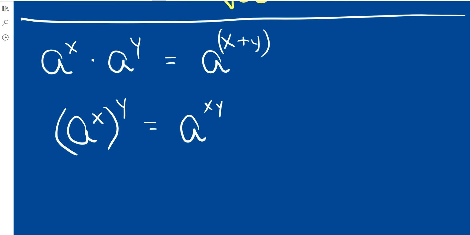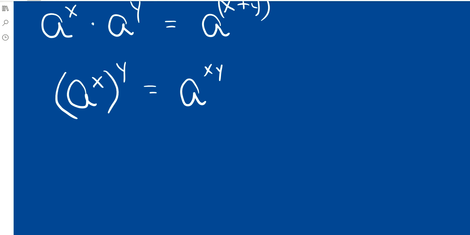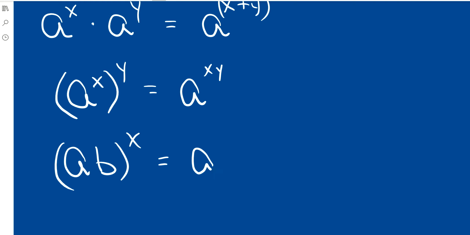The distributive property for exponents is next, which is saying ab raised to the, say, x. Okay, and what's that going to mean? That's going to mean a to the x times b to the x. Definition is as such.